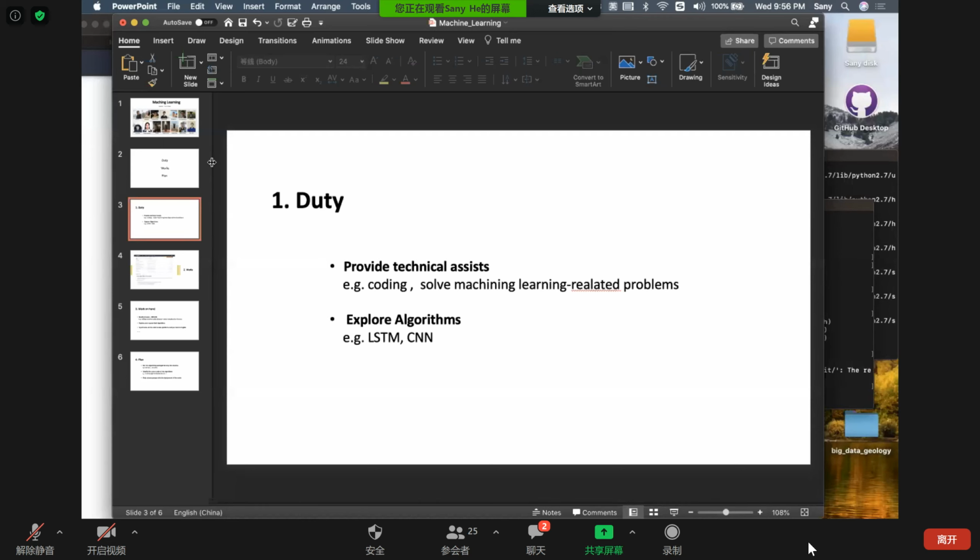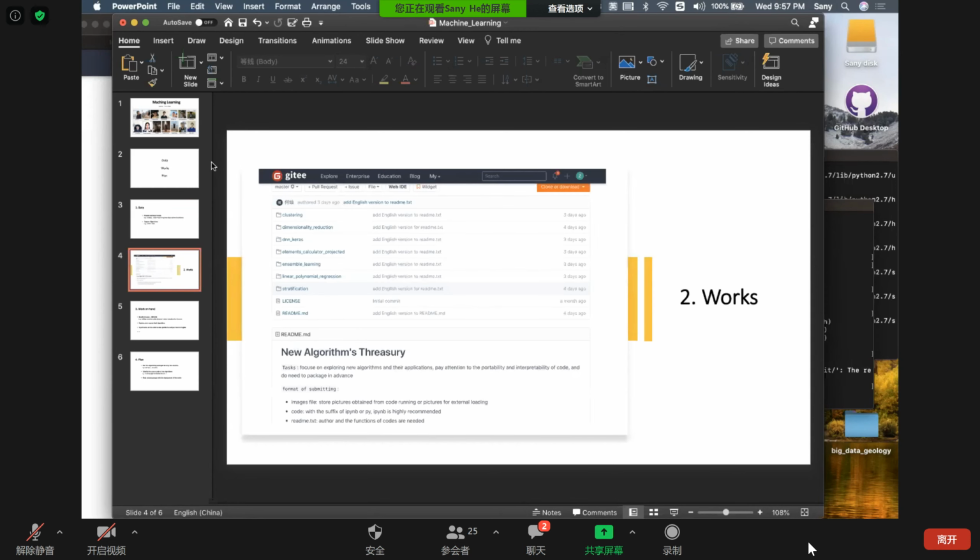The second thing we are focusing on is to explore some new algorithms that have not been coded yet. We also put all of the work on the Git platform, and we will synchronize it into the GitHub platform also.